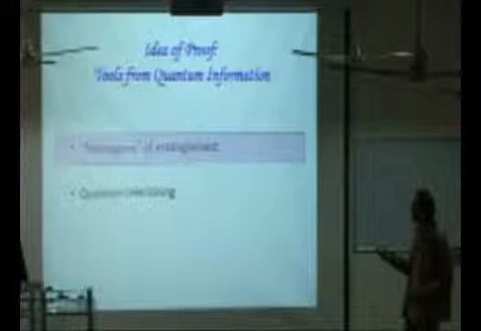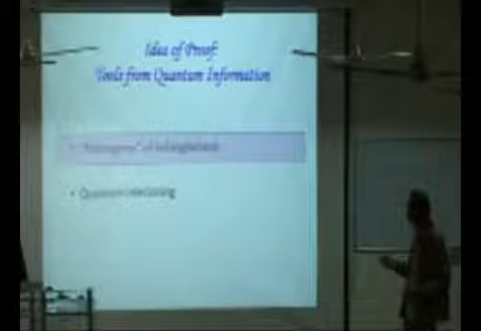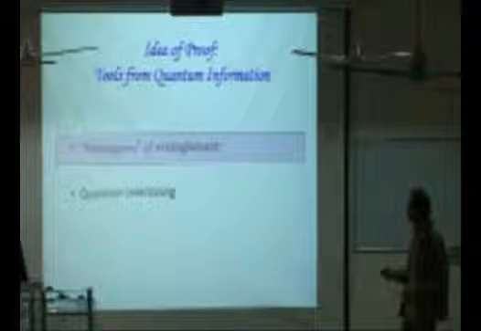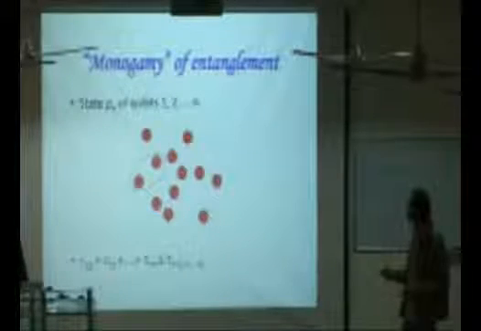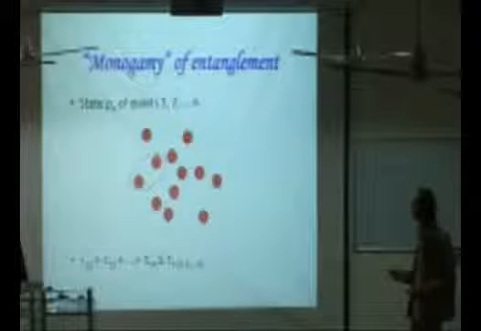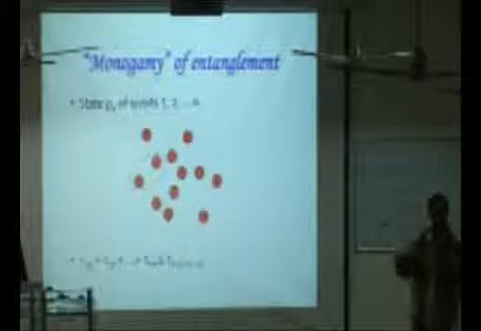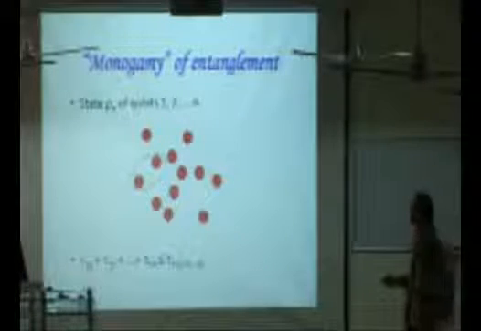So let me, just like Arun, quickly recapitulate what is monogamy of entanglement and how it can be used in our case. So we have a state of n particles, in particular that can be a state of n sites of a lattice.